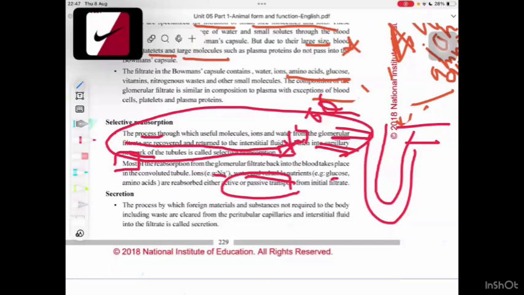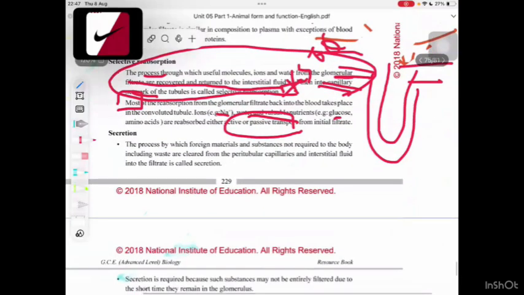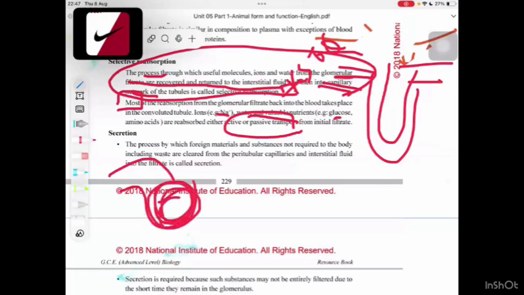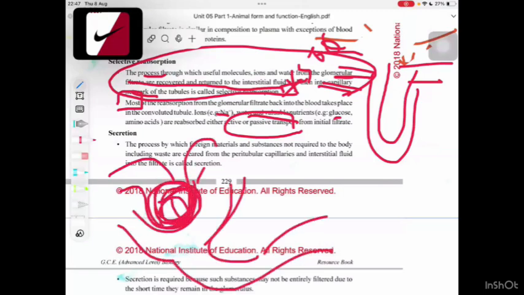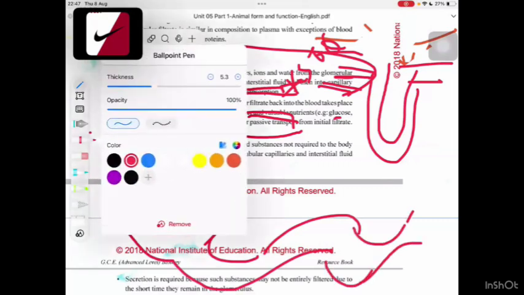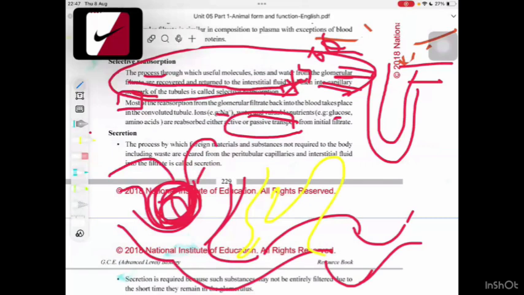Okay. Secretion. Secretion is basically the opposite of selective reabsorption. So if we take this glomerulus and the Bowman's capsule again like this, the PCT, DCT, everything like this, and let's draw the blood capillaries in another color. Blood capillaries like this.